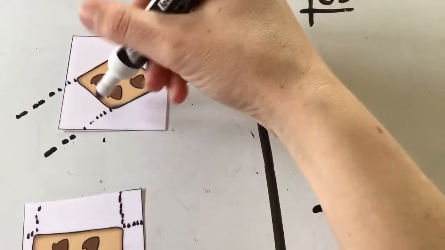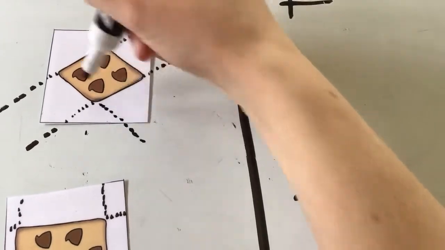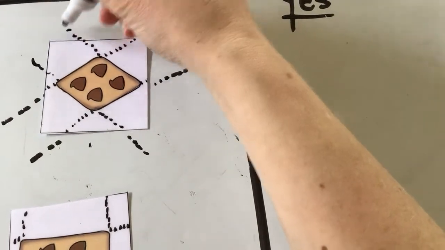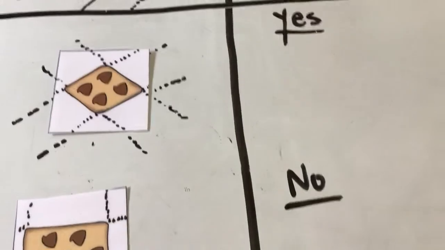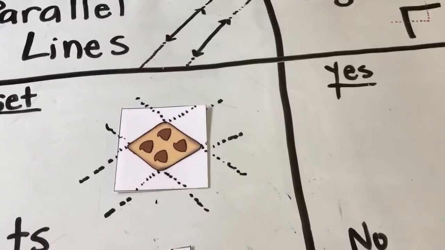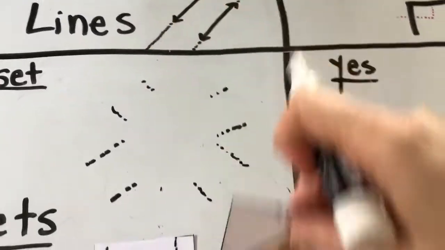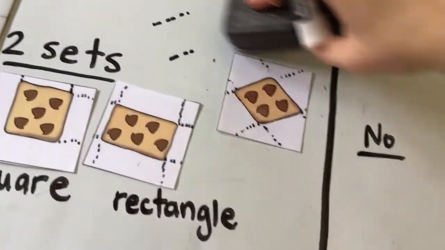And then if we take a look at the other set of opposite sides, if this line went on forever and ever, and this line, ooh, that was really not very good. I'm trying my best here. Went on forever and ever, those lines would never meet either. Okay, so just like our square and our rectangle, the rhombus has two sets of parallel lines.